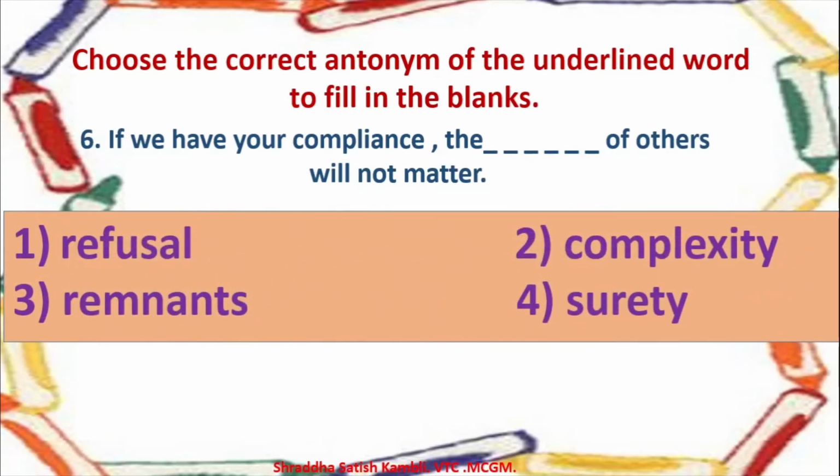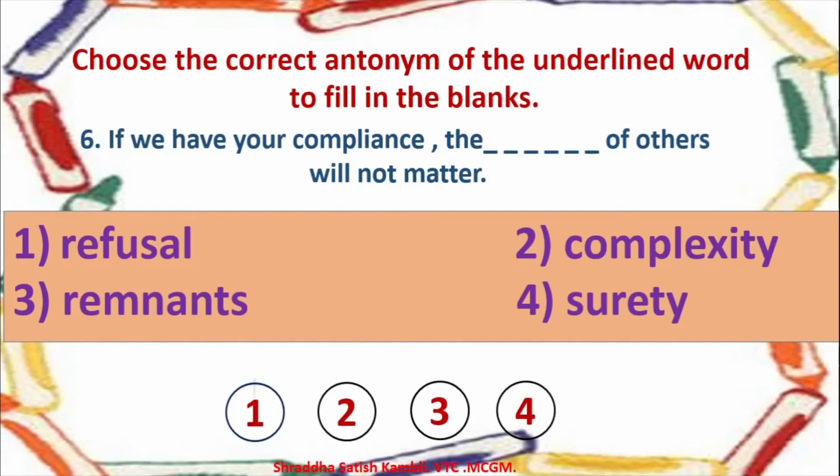So is it refusal of others will not matter, complexity, remnants, or surety? Which is it? It is refusal. So compliance means what? When you agree with someone, it is compliance. When you refuse to agree with someone, it is refusal. Okay children? So this was pattern 2. Choose the correct antonym of the underlined word to fill in the blank.